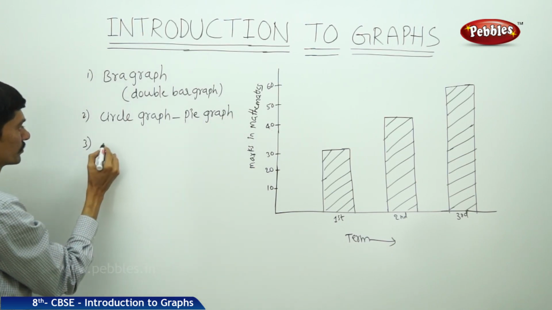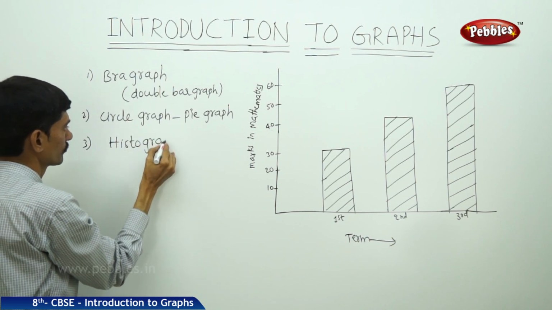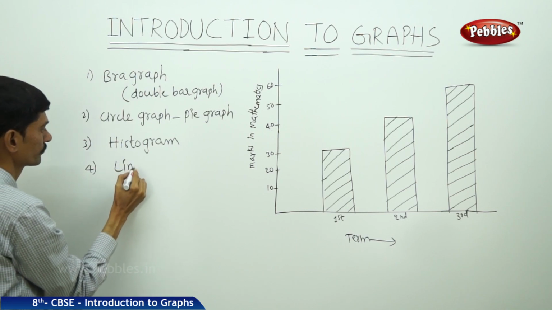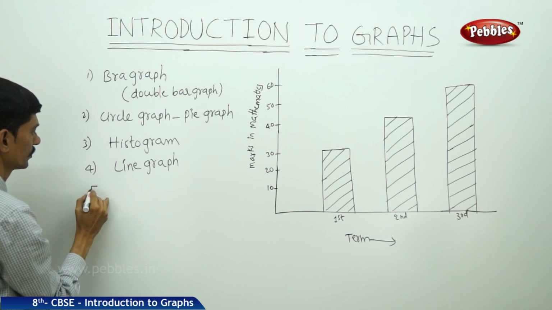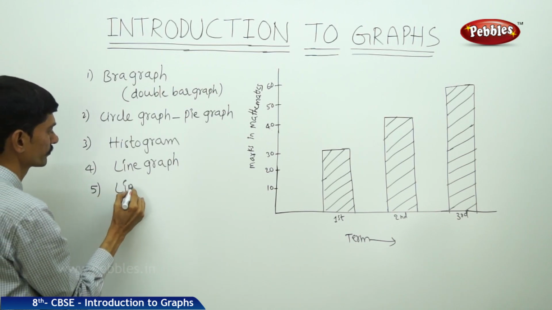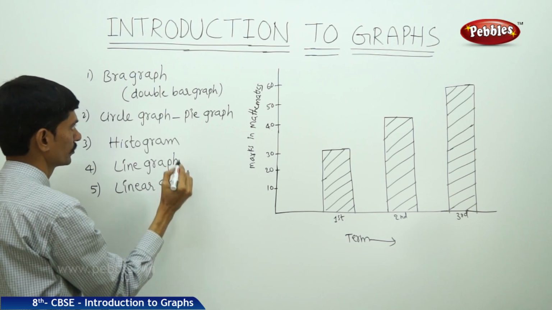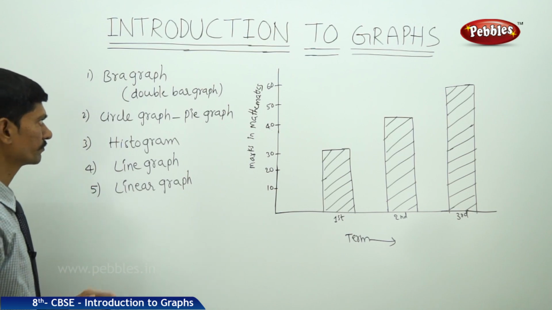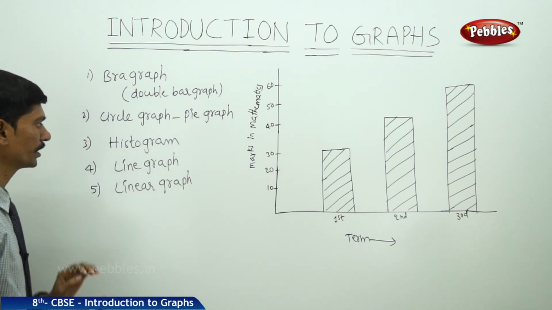Next one, histogram. Next one is the line graph. And the last one is the linear graph. So there are different types of graphs: bar graph, circle graph also known as pie graph, histogram, line graph and linear graph.